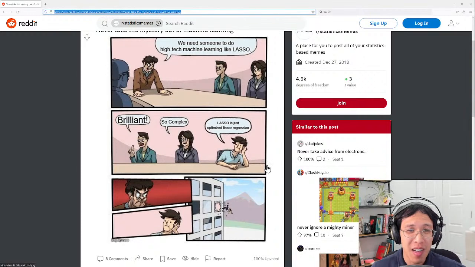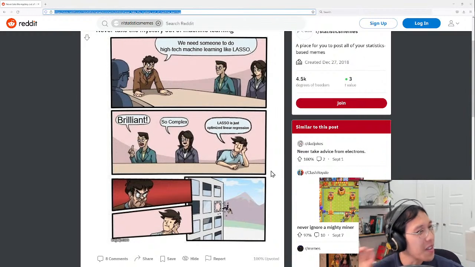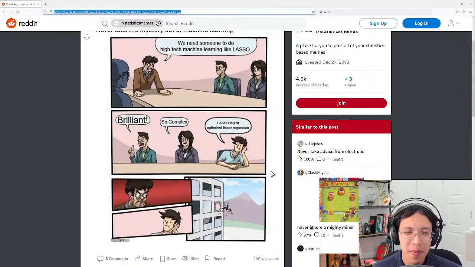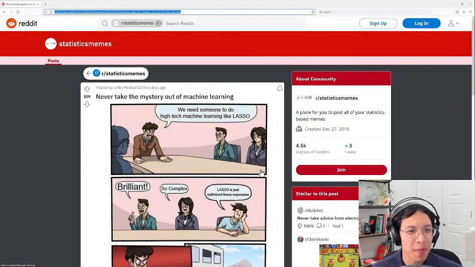So Lasso is what is it? I can't believe I'm just explaining these jokes. This must be the most boring thing ever. So Lasso is just a way to do linear regression where you're going to get rid of some of the parameters.